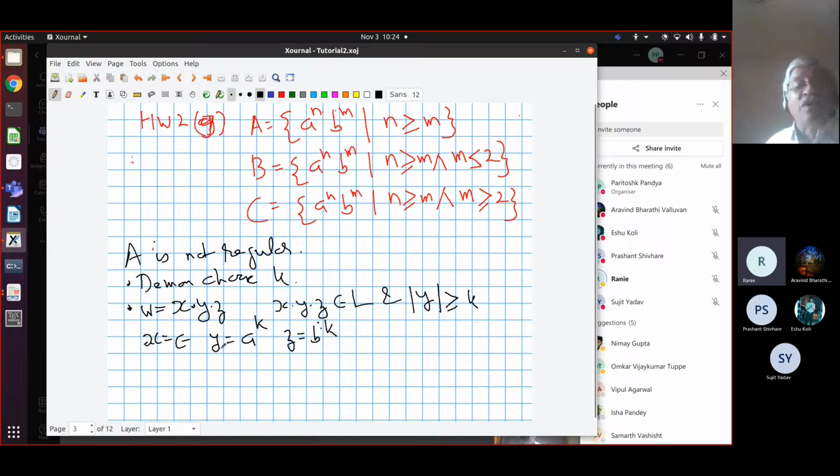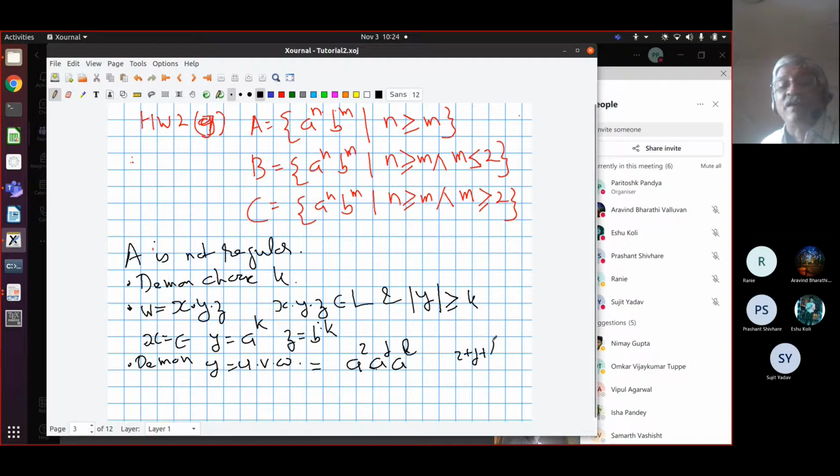Yeah, but formally we have to write this. The next step is the daemon's, right? So what the daemon will do is split this Y into UVW, which will look like, let's say, A raised to I, A raised to J, A raised to L. So he splits this A raised to K into three substrings, containing I, J, L, where necessarily I plus J plus L gives you K, and J has to be greater than 0, right?